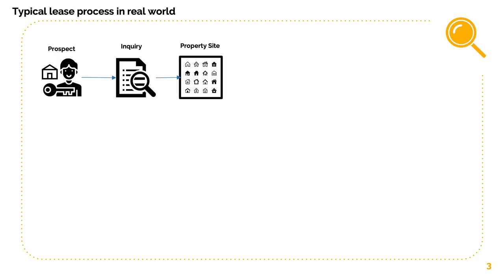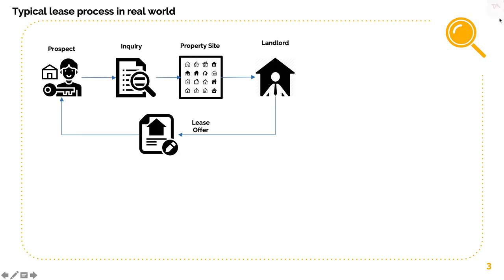As soon as Steve expresses interest, it goes to the landlord. The next step is that the landlord provides an offer to Steve, and the offer has all the details: how much the rental would be, what the security deposit is, and the terms and conditions and penalties.